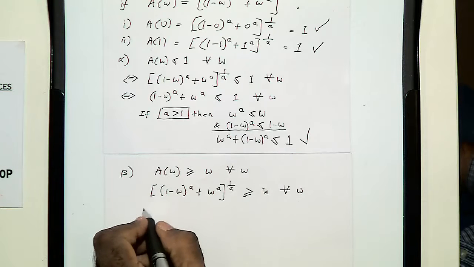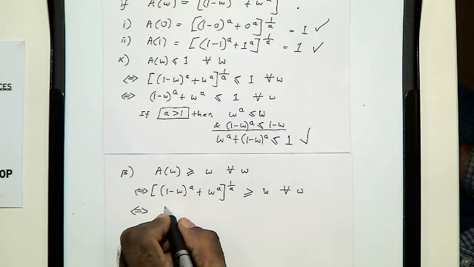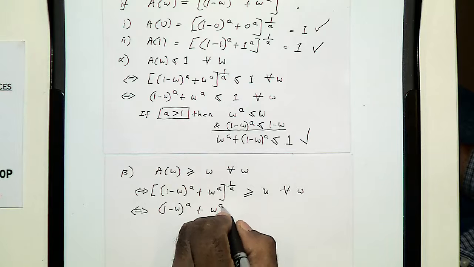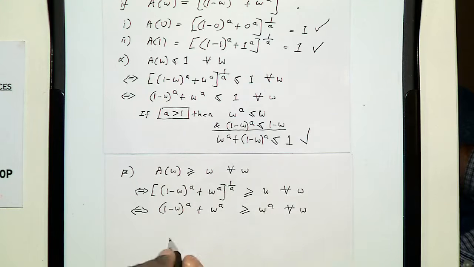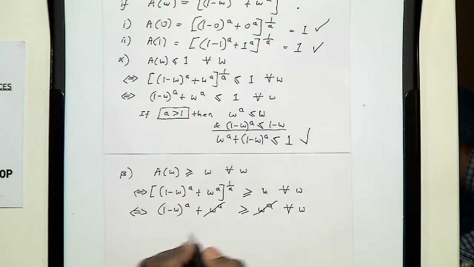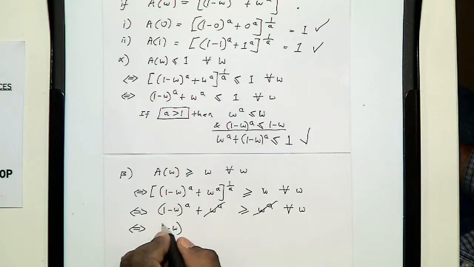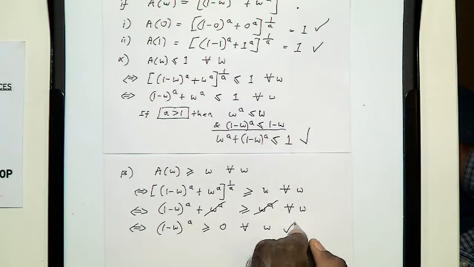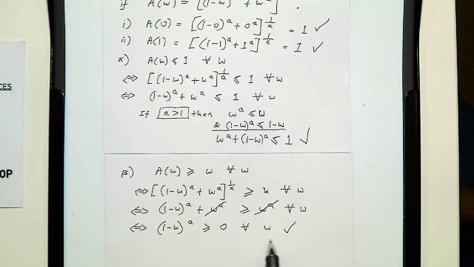Now if you take the power on both sides, this will become, okay, and now these two cancel out, so this becomes, and this is clearly true because 1 minus omega is a number between 0 and 1, and A is a number greater than 1, so this is true for all omega.